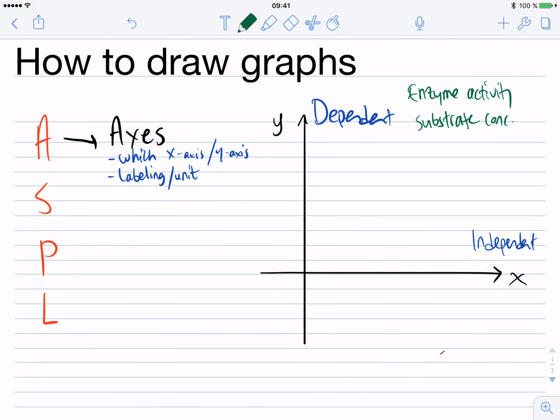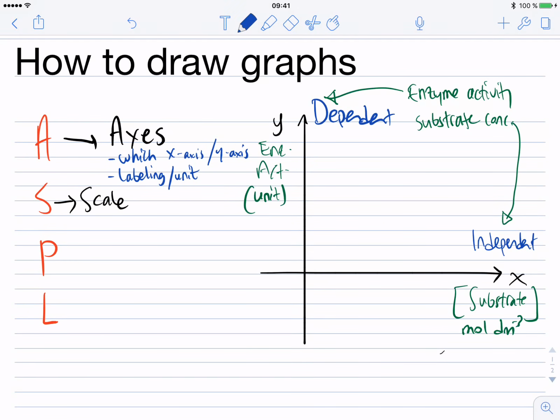If you ask this question, you will figure out that the enzyme activity depends on the substrate concentration. So in this case, the enzyme activity is the dependent variable, which you need to write down on the y-axis, and the substrate concentration is the independent value.